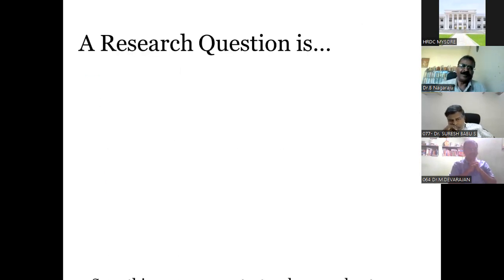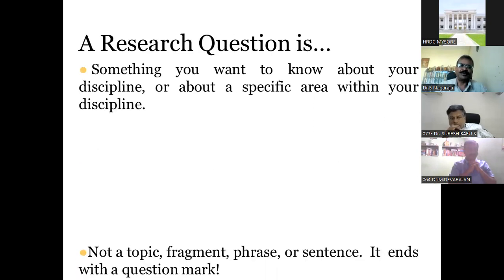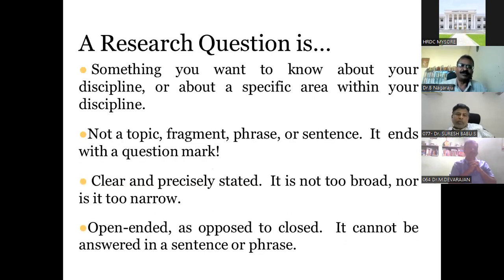That's all. The research question should be something you want to know about your discipline or about a specific area within your discipline, not a topic, fragment, phrase or sentence. It ends with a question mark. It is clear and precisely stated, not too broad or too narrow.